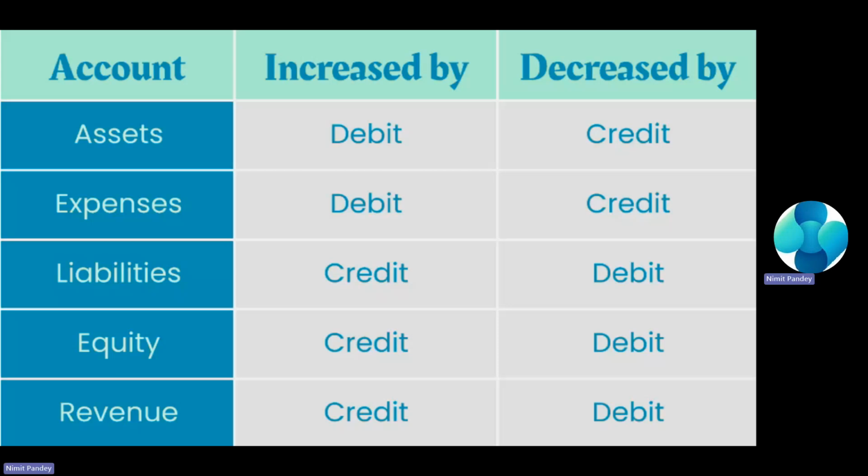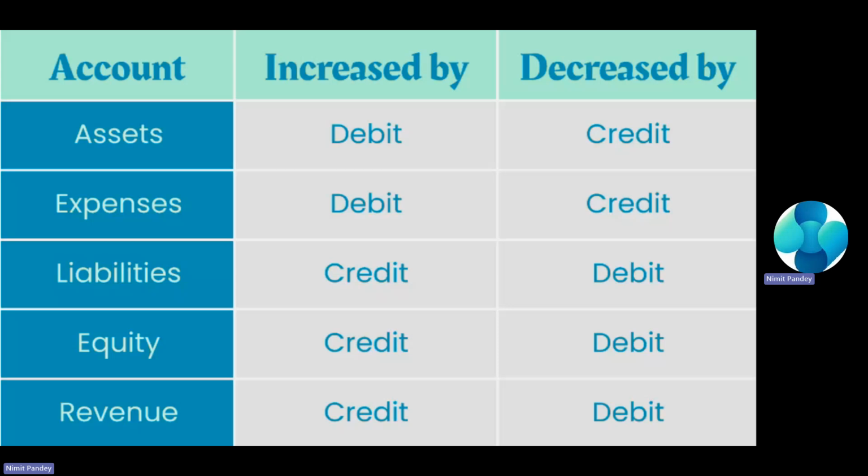If they increase, they go to debit, and if they decrease, they go to credit. In the same way, liabilities, equity, and revenue: if they increase, they are credited, and if they decrease, they are debited.